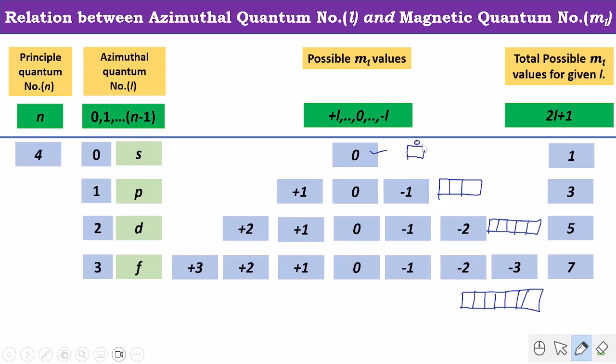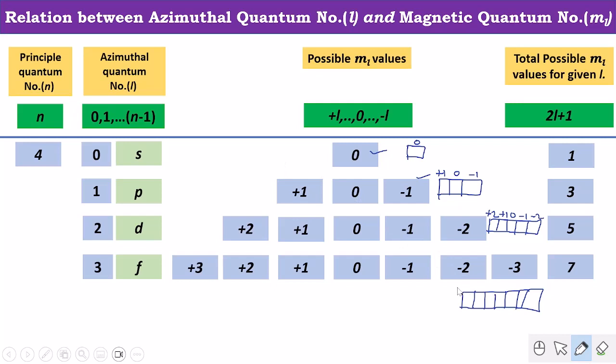So I have written 0. At the center I have written 0, then minus 1 and then plus 1. For the D subshell we can write 0 at the center, minus 1, minus 2, then plus 1, plus 2. This is another way to represent these ML values.